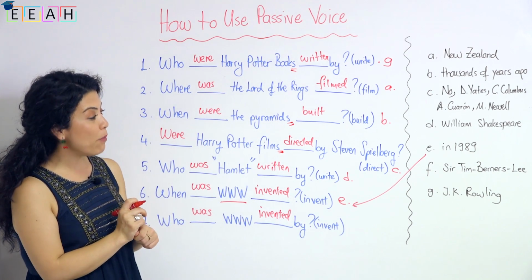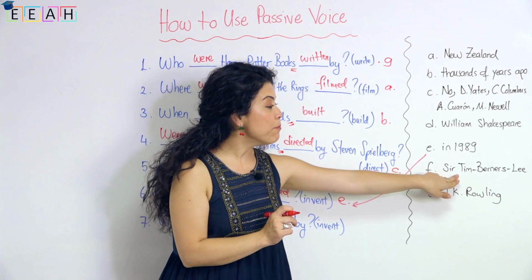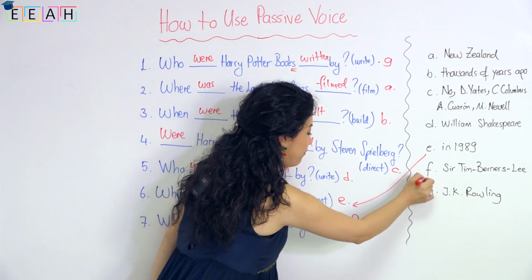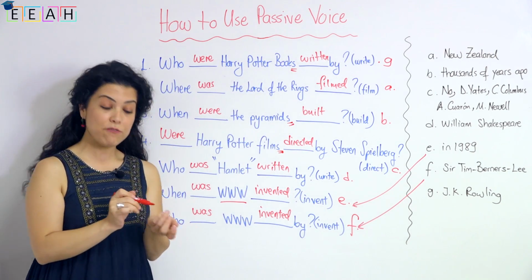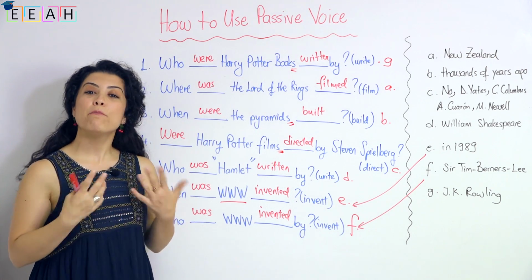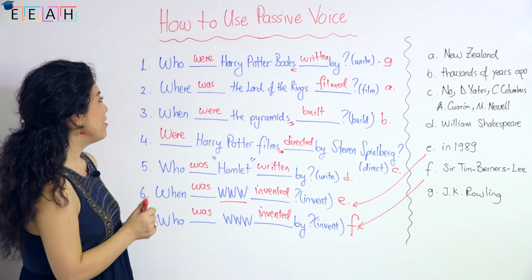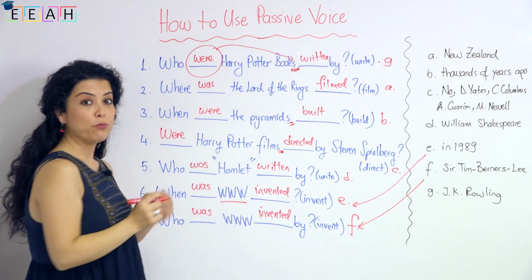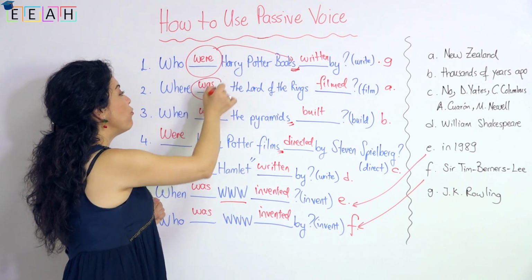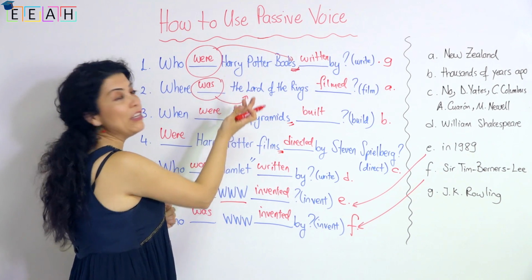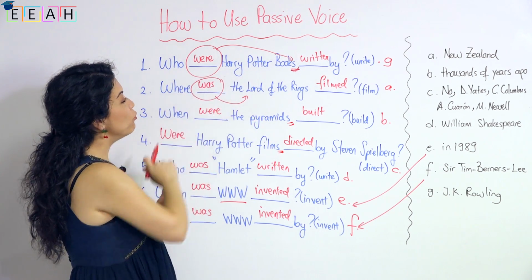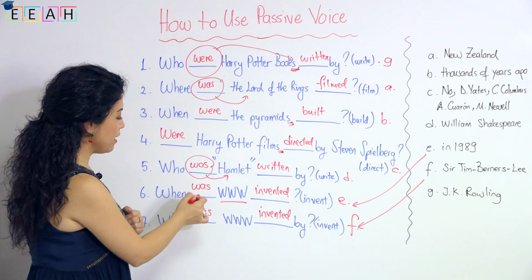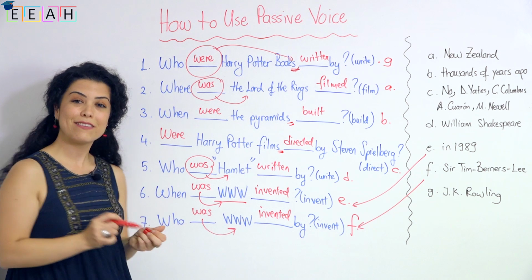It was invented by Sir Tim Berners-Lee. Okay? Here we have F. Right, so here we practiced past passive form questions together. And we wrote were for plural ones, for plural objects. And we wrote was for the singular ones, because we're looking at the movie here. Okay? The same thing happened with this, and with this, and this.